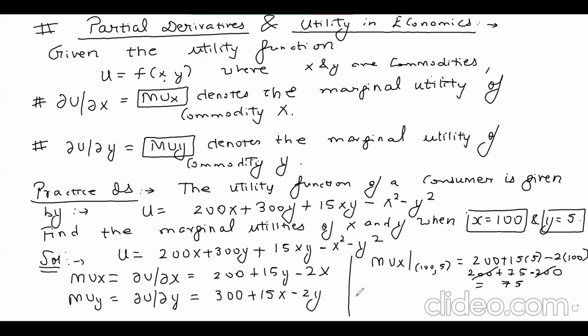And likewise, MUY at 100, 5: put x as 100 and y as 5. So I get 300 plus 15 times 100 minus 2 times 5, which is 300 plus 1500 minus 10. It comes out as 1800 minus 10, which is 1790. This is the marginal utility of commodity Y at the given point.